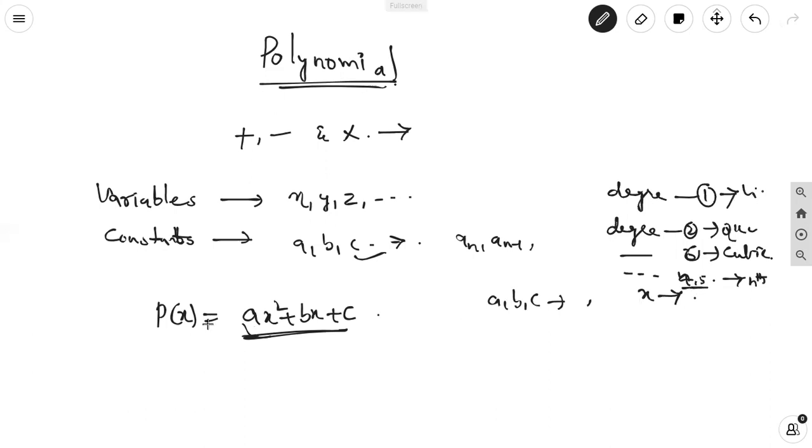One more thing we can discuss: the polynomial is a combination of terms. c is one term, bx is one term, ax square is one term. So what are the terms in p of x? Clearly, ax square, bx and c are the terms of the polynomial. And one more thing, coefficients. What is the coefficient of x square?